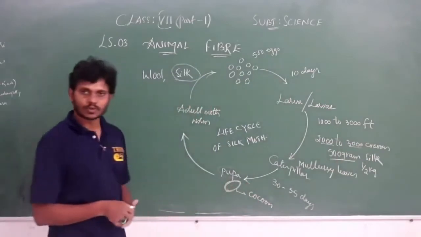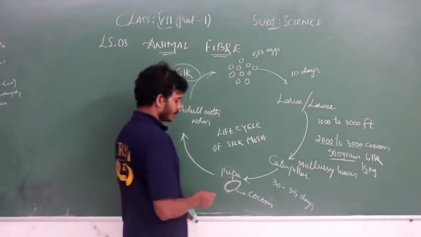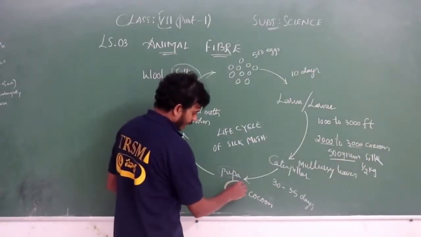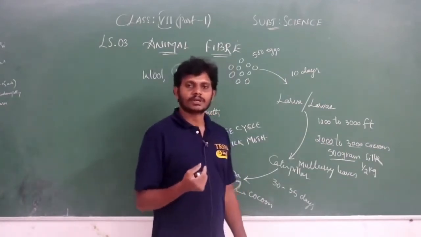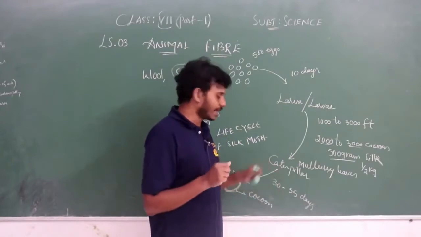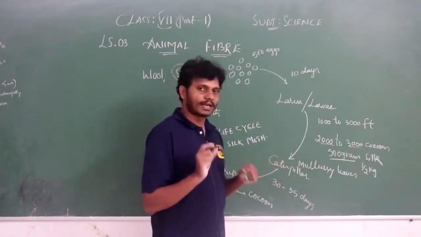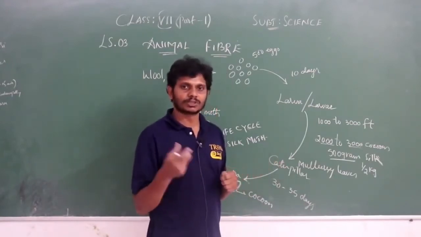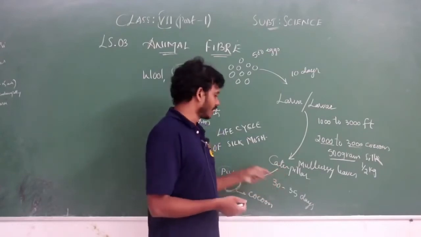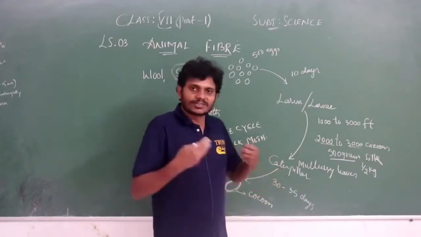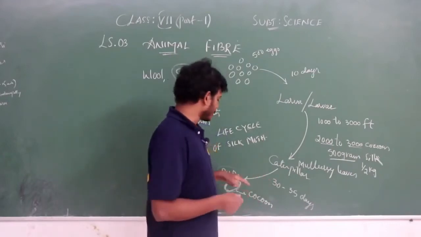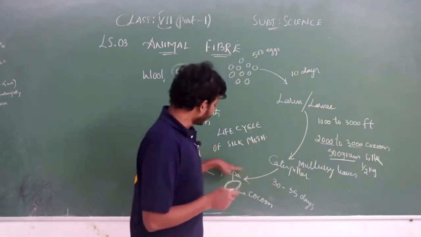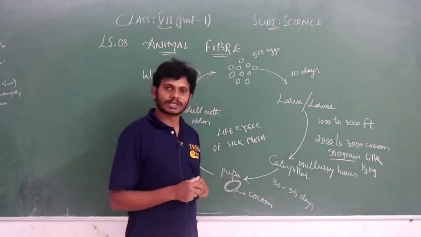So did you understand what a cocoon is? A cocoon is nothing but the saliva surrounded around an organism. We discussed the caterpillar. The caterpillar releases saliva after 30 to 35 days, within which period it eats all the leaves. After reaching this period, we call it the pupa stage.